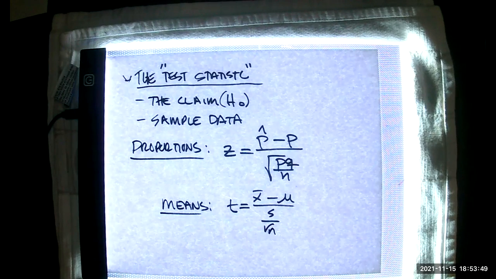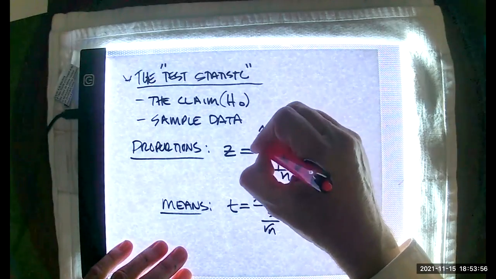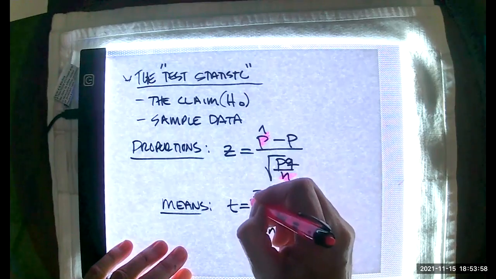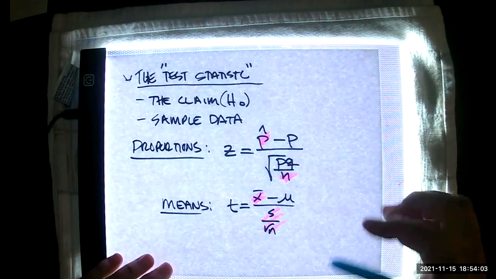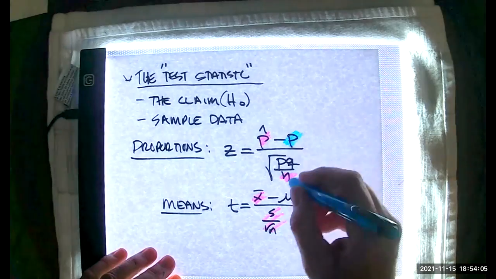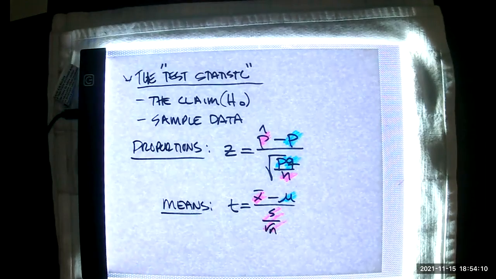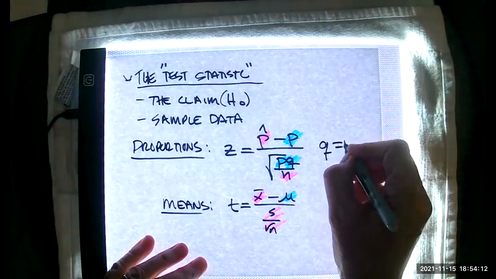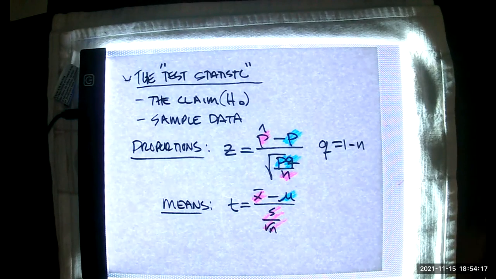You can see that there's a part that comes from the sample in every one. I've got to stress this every time I do this. And a part that comes to us from the null hypothesis. And I'll remind you that q is equal to 1 minus p. Can't know p and not know q, really. So those are the two things that I could ask you to find.